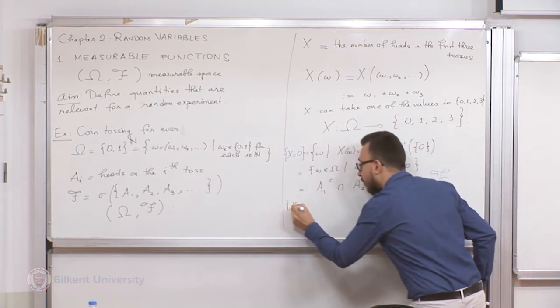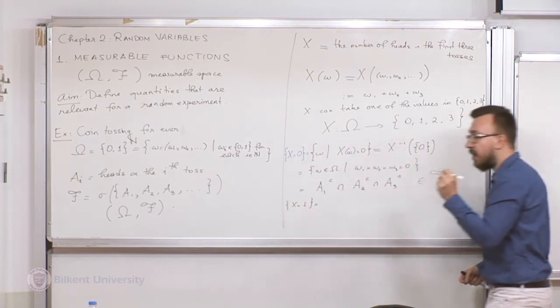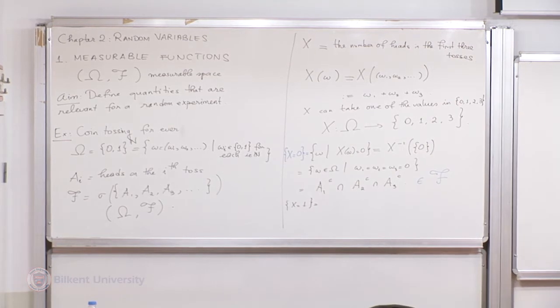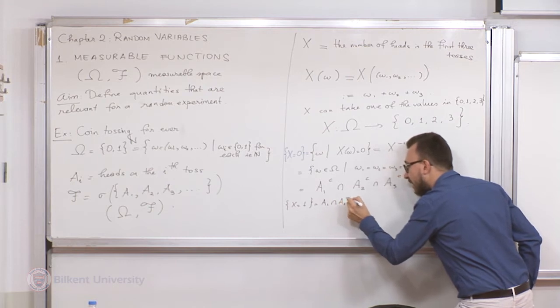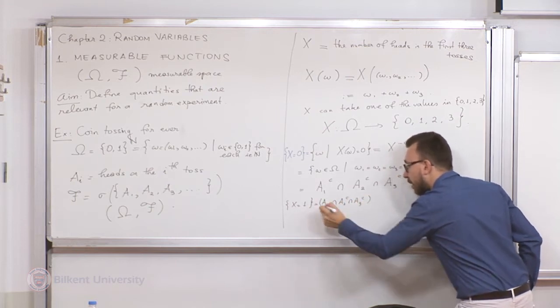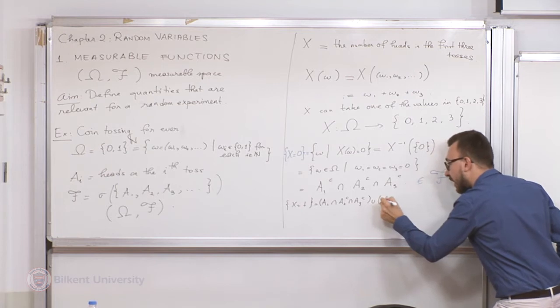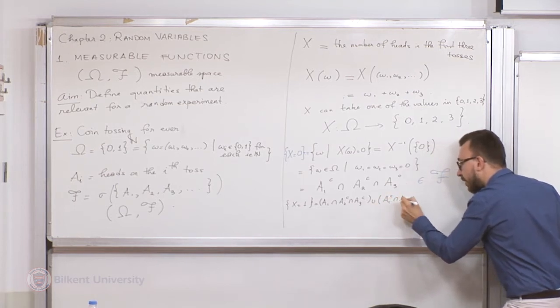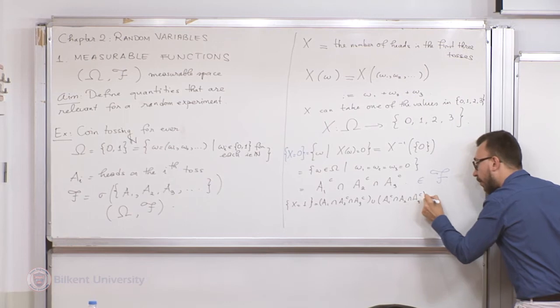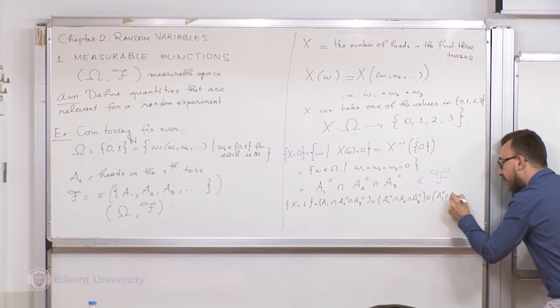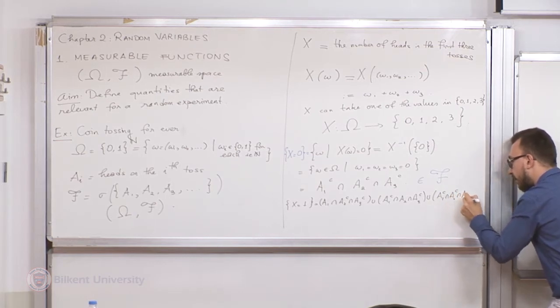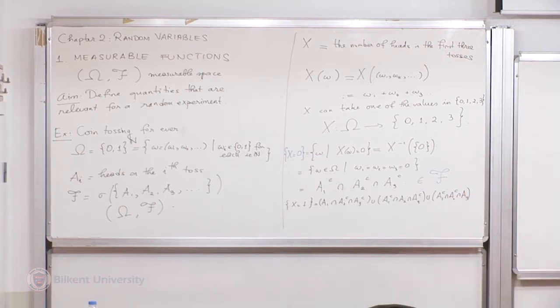So for instance, X equals 1. What does that mean? Just 1 heads. So this means you can get it in the first one, but not in the second, not in the third. Or you can get it in the second one, so not in the first, not in the third. Or you can get it in the third one, not in the first, not in the second. So this is, again, just set operations finitely many times. So this is also enough.